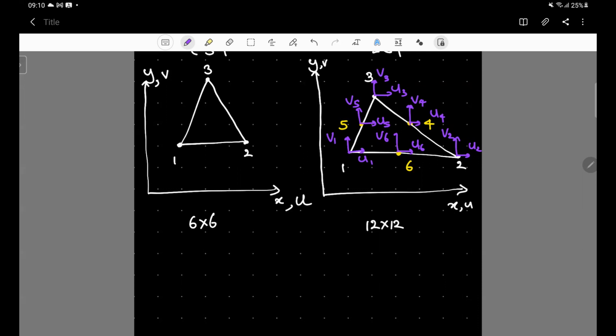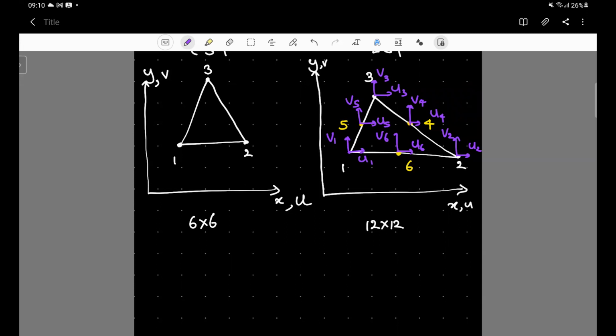Once we define the corner nodes, that is node number 1, 2, 3, the computer programs can automatically calculate the mid-side nodes based on the geometric relationships. So in the LST elements, the computer will calculate the mid-side nodes for you.